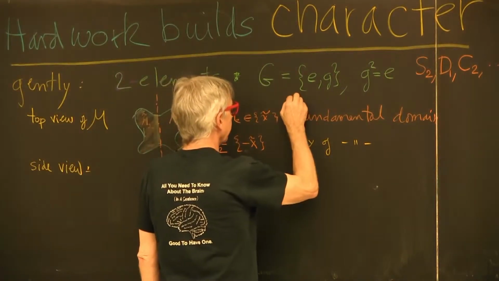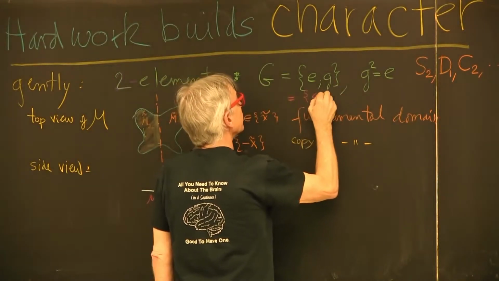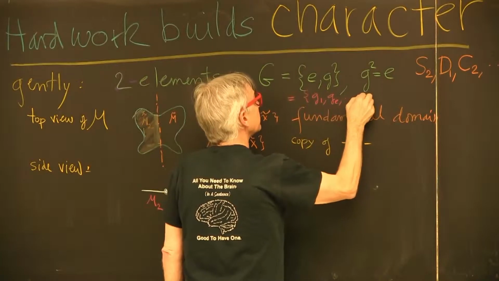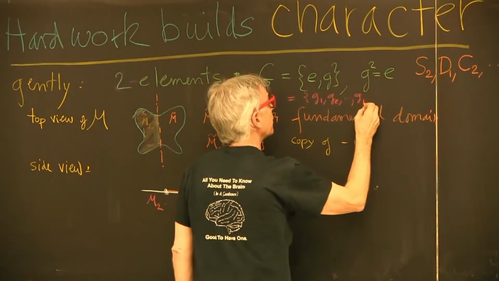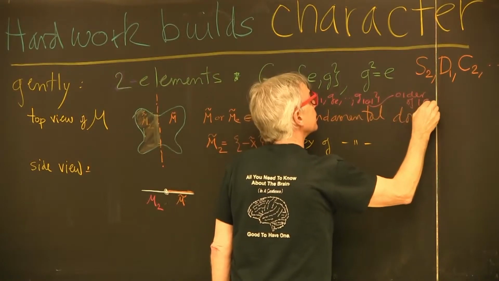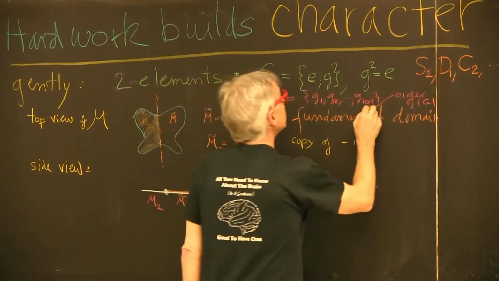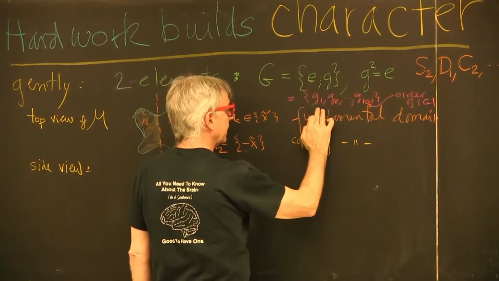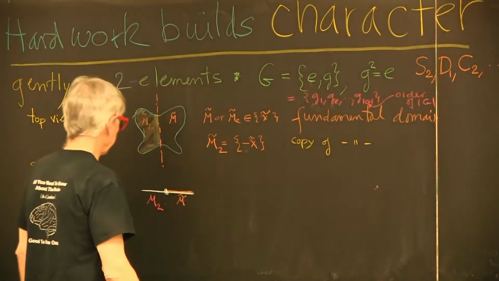And in general, we think of the group as 1, 2, and some number of elements. The number of elements is called the order of the group. It's well defined for finite groups. And in this particular case, the first element is always identity, and then there might be some other number.